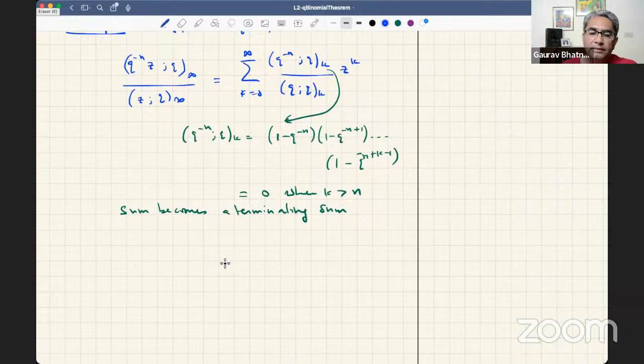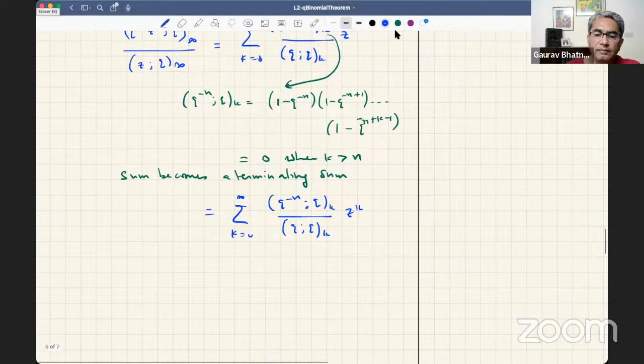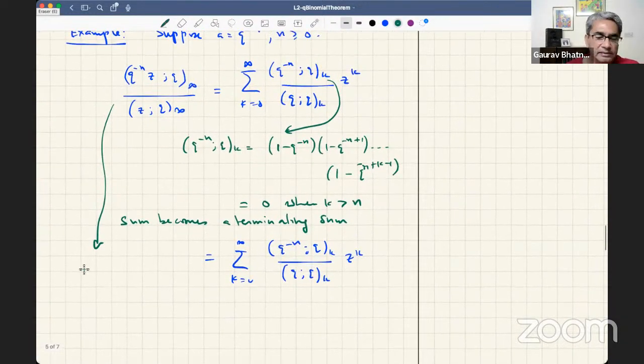And we get the summation of (q^{-n};q)_k over (q;q)_k z raised to k. On the left hand side, you will get 1 minus q^{-n}z, 1 minus q^{-n+1}z, and so on.